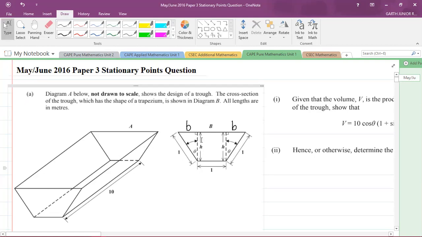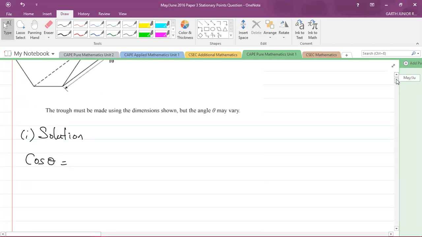The adjacent side here is h, and the hypotenuse is 1. So I have cos theta equal to h divided by 1. I just want to find what h is first, and then I'm going to go back to find b.